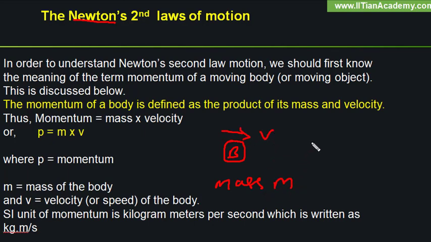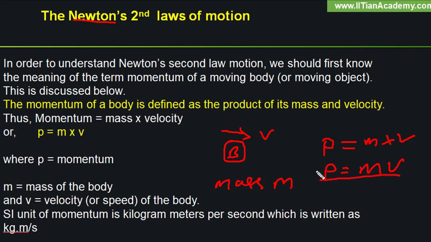So momentum is defined as P equal to the mass of this object m into the velocity of this object. So P is defined as mv. This is called the momentum of the object.